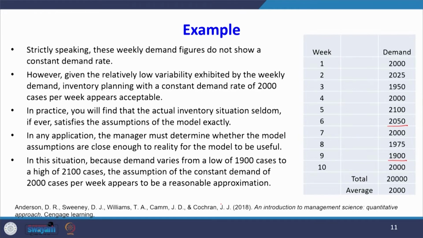So, in this problem, demand varies from a low of 1900 cases to a high of 2100, not 2050, there is a 2100 cases. So, the variability is not that much. So, the assumption of constant demand of 2000 cases per week appears to be a reasonable approximation, even though there is a slight variation.